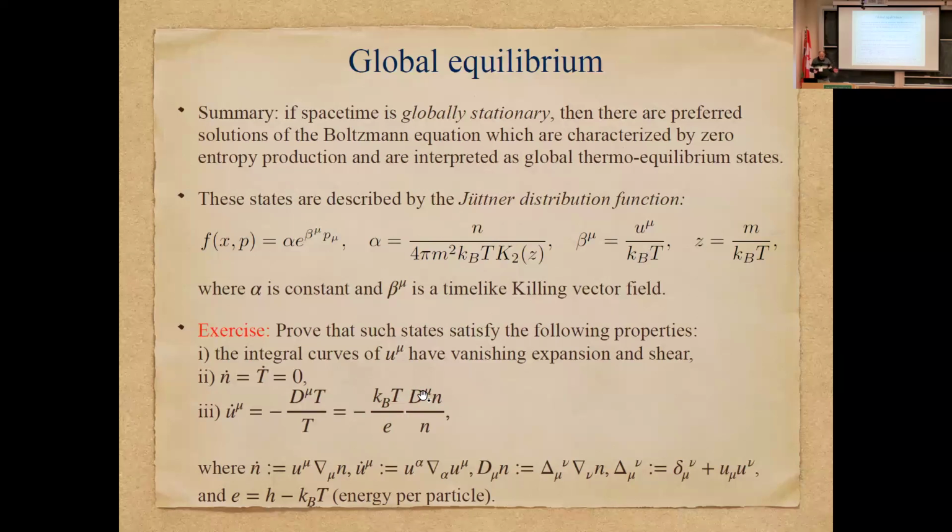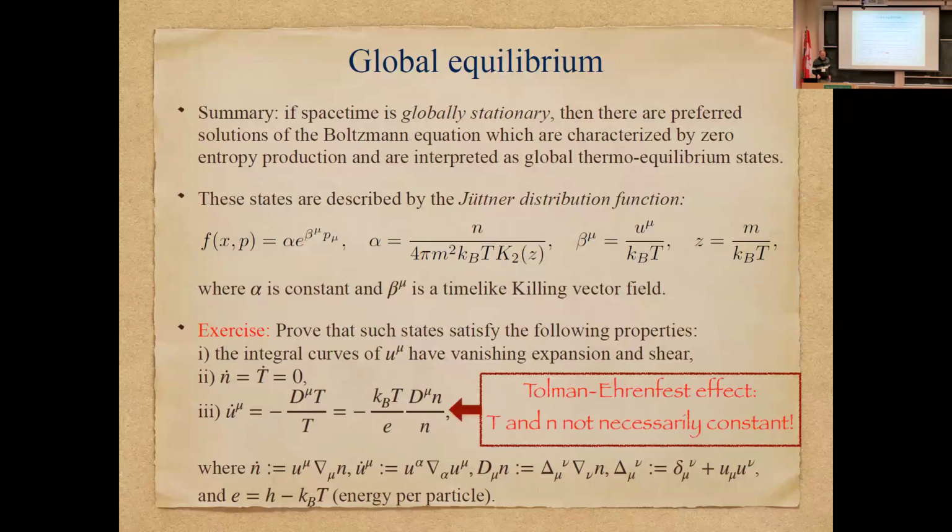So if your space-time is static, for example, but not Minkowski, then the temperature doesn't have to be constant in space. That is known as the Tolman-Ehrenfest effect.